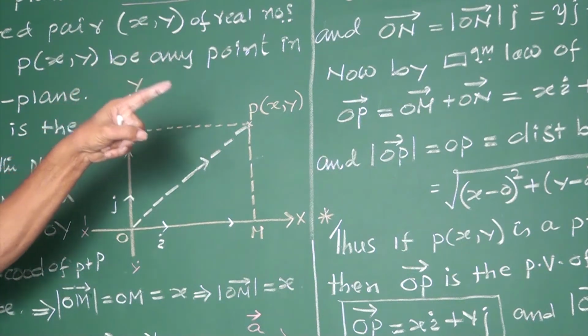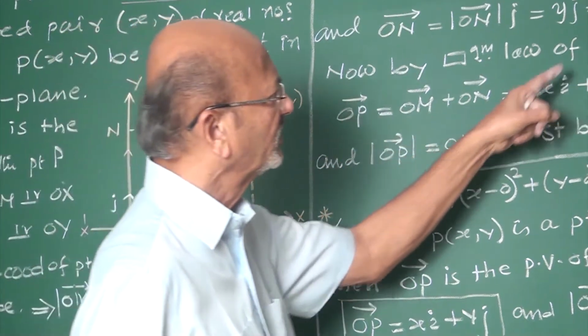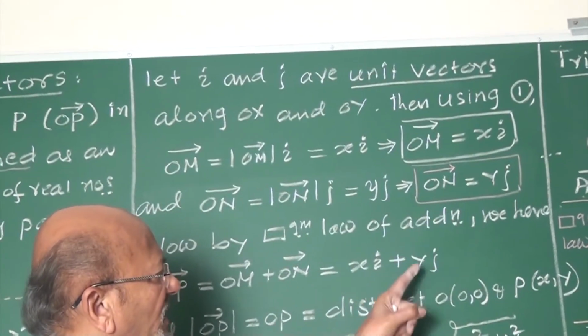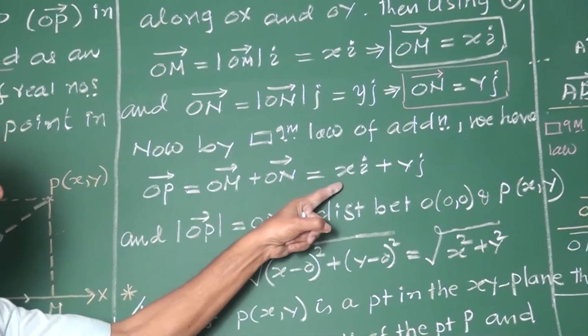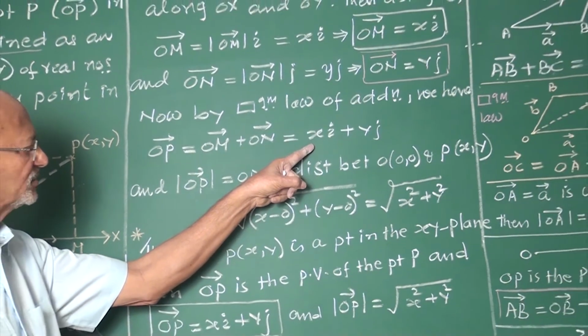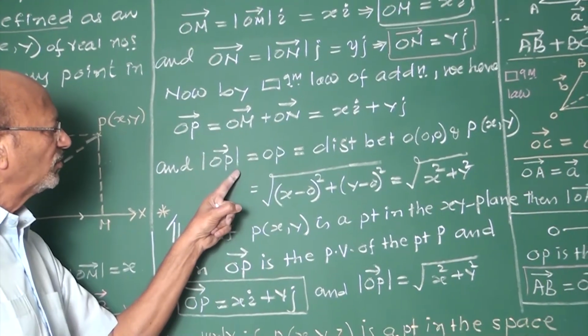But OM is x i, and ON is y j. Therefore, OP equals x i plus y j. Then what is the magnitude of OP?